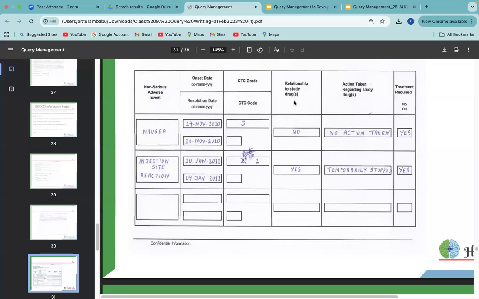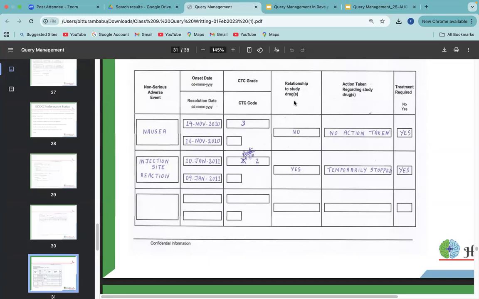Now, will you come and ask to stop the medication? No, you will not stop the medication because there is no relationship. That's what happened here. Action taken regarding the study drug, no action taken because the nausea is not because of the study drug. Treatment required, of course. Treatment required for what? The concomitant medication to be given for nausea. Am I clear?